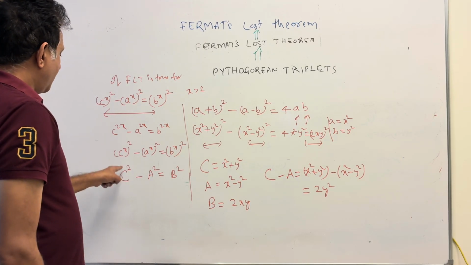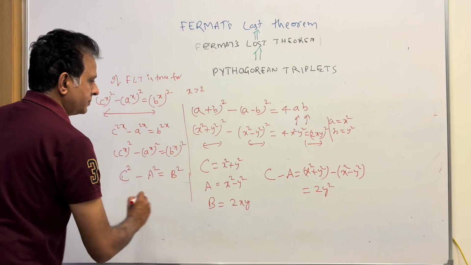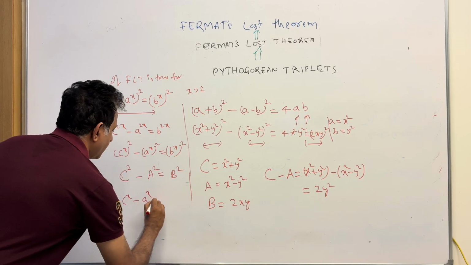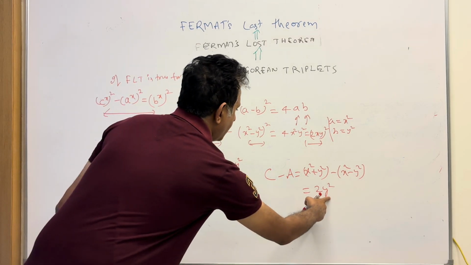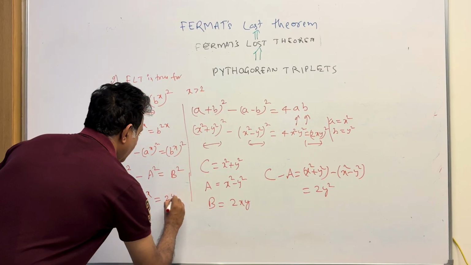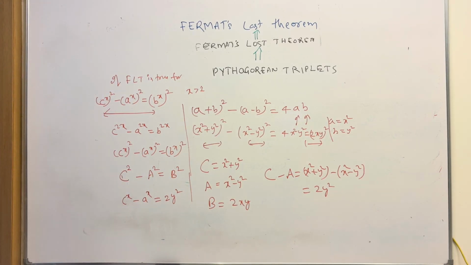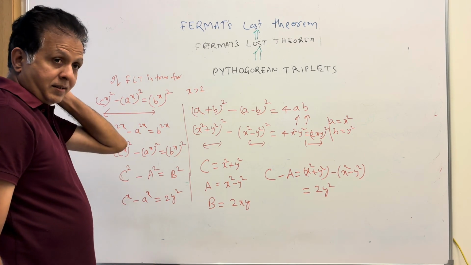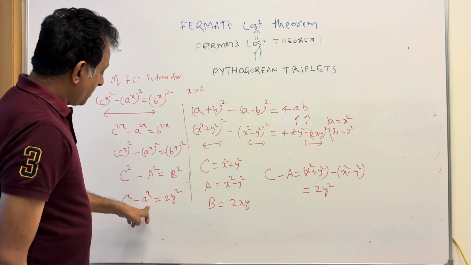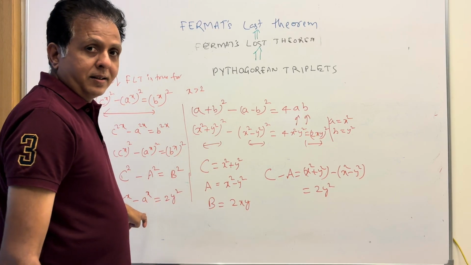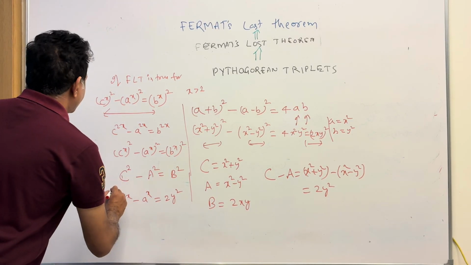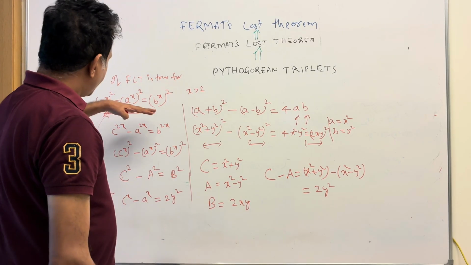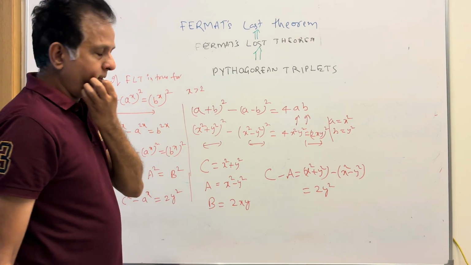Okay, here big C is actually equal to c power x. So c power x minus a power x: if I can find for any x that c power x minus a power x is equal to 2y square, then I can actually find Pythagorean triplets in the higher power.